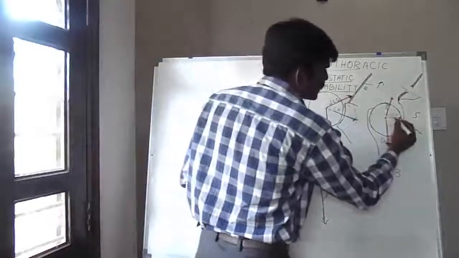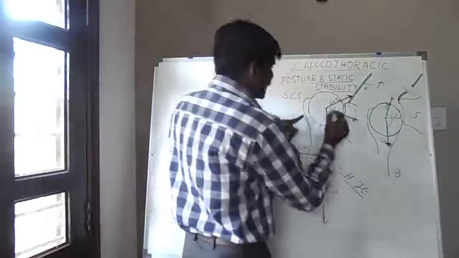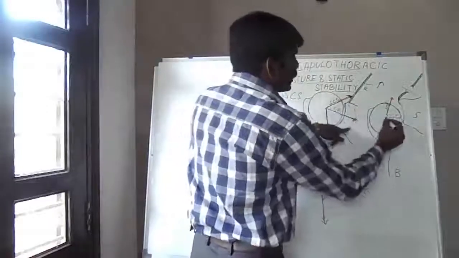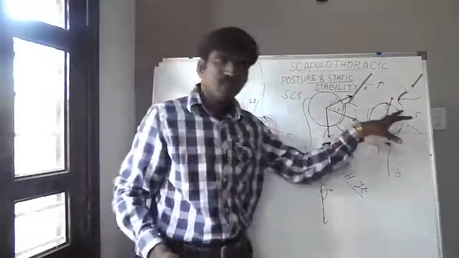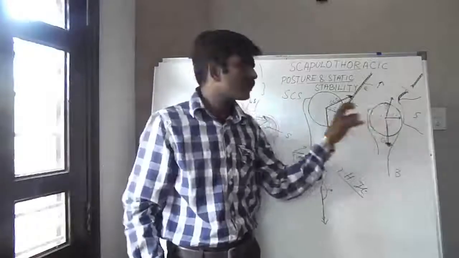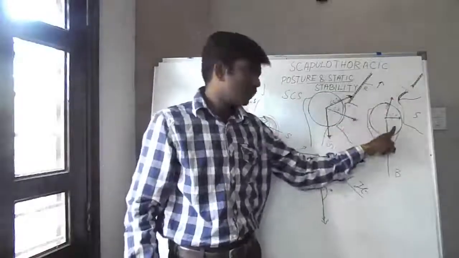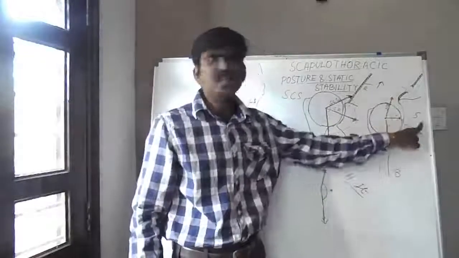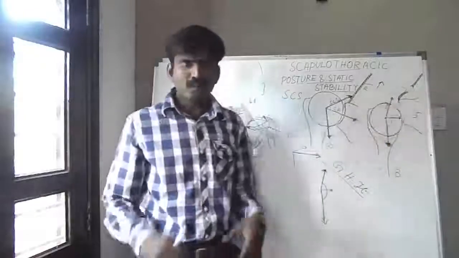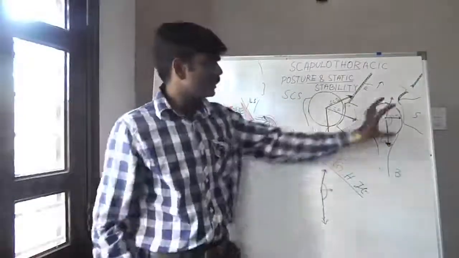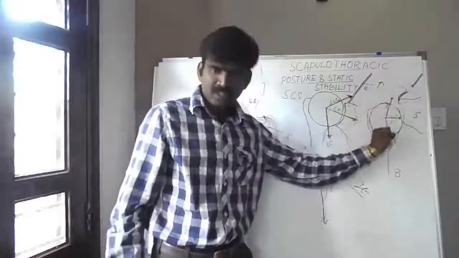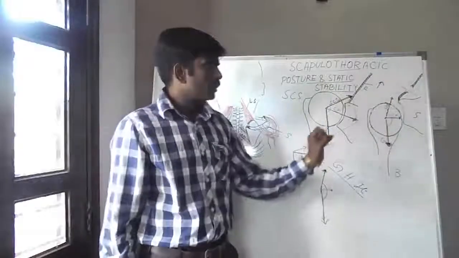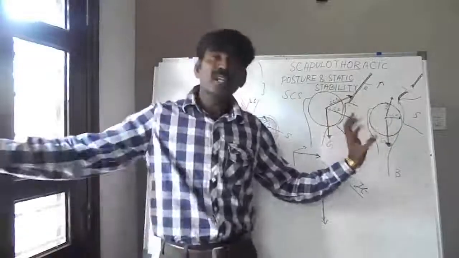Previously it was more and now it is less, and this compression force cannot fix the humerus with the scapula. Gradually, what will happen? The glenohumeral joint will sublux inferiorly. Clear?